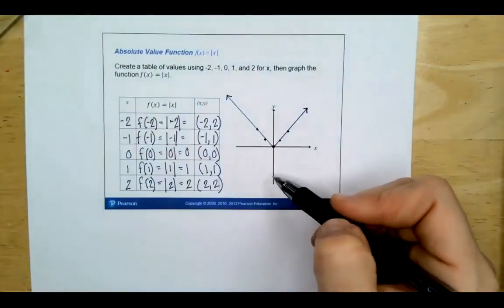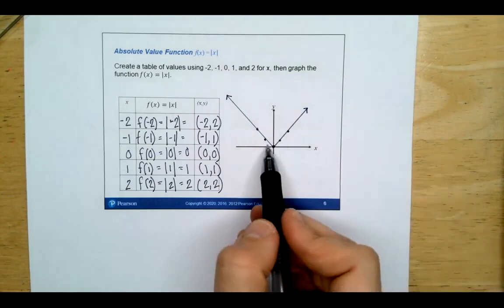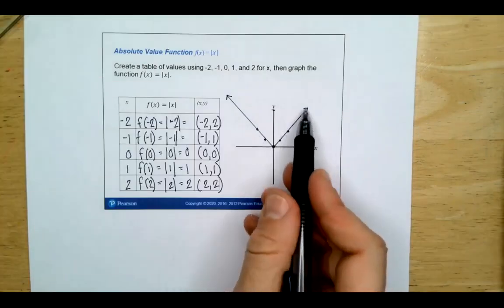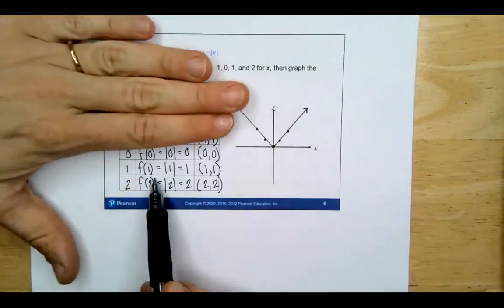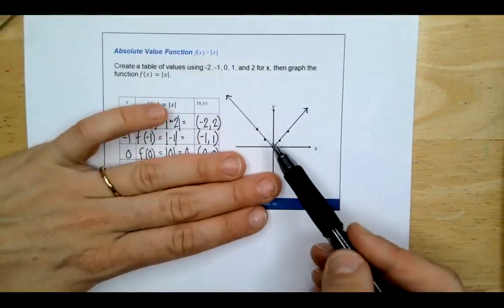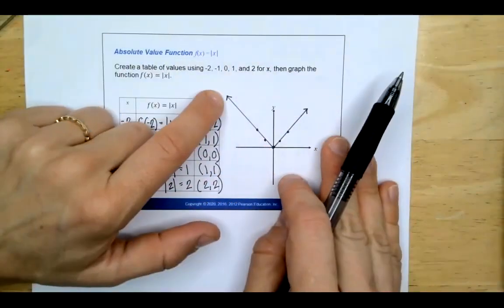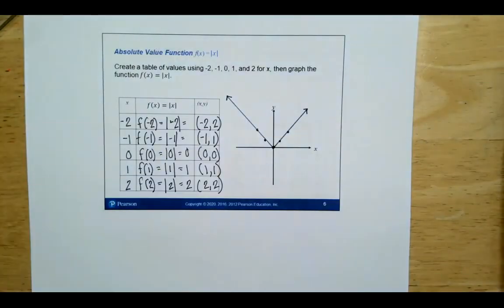It'll never be below the x-axis because the y's will never be negative. Over here, it's the same as y equals x, and over here, we take y equals x and flip it across the y-axis. Okay, so that's the absolute value function.